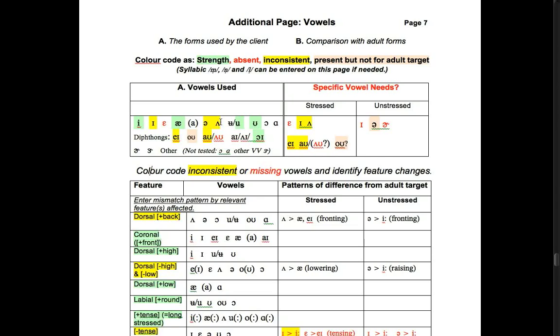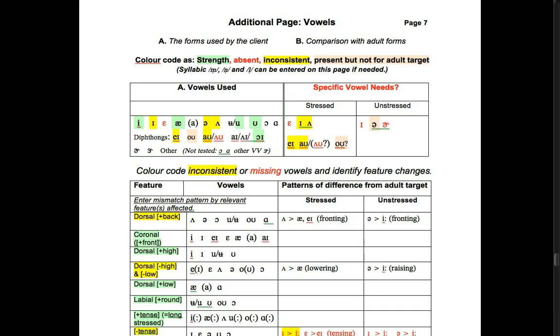For example, one vowel is inconsistent as seen in the word mum when the vowel stays the same but changes to A in brush. Okay, we are done with this section. The left part of this table highlights the vowels that were used, and the right side shows vowels that are inconsistent, a need, or present but not for adult target.